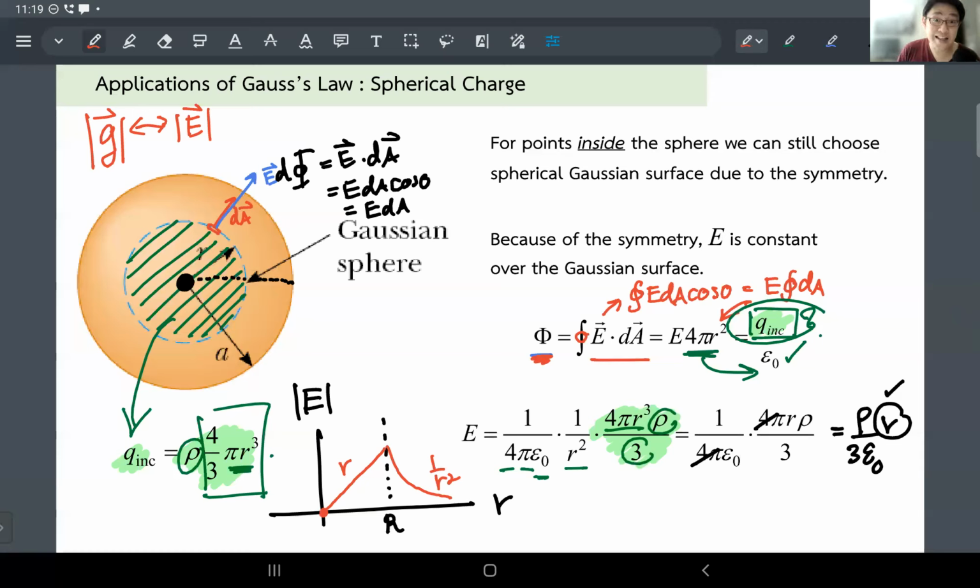So if you're at the center of the earth, which you probably cannot because it's super hot lava or whatever, but assuming you can stand there, there will be no gravitational pull. The gravity is going to be zero at the center of the earth. But when you walk away from the center, gravity gets bigger and bigger, and right on the surface you get 9.8 meters per second squared.